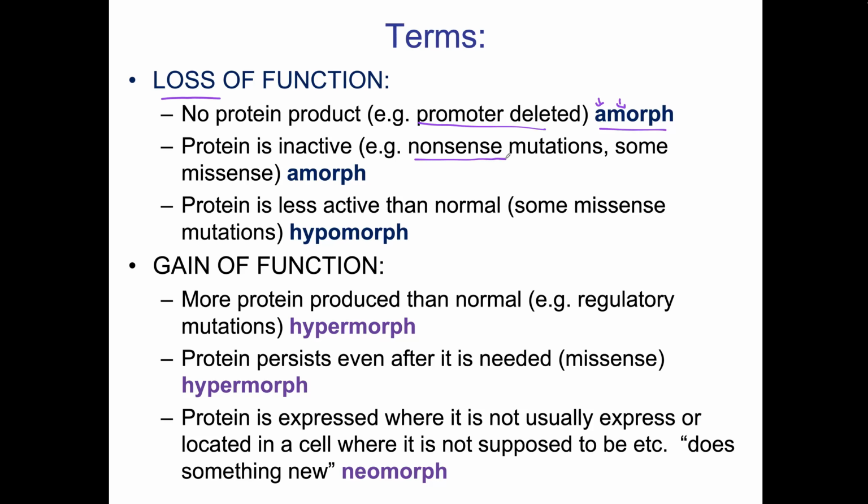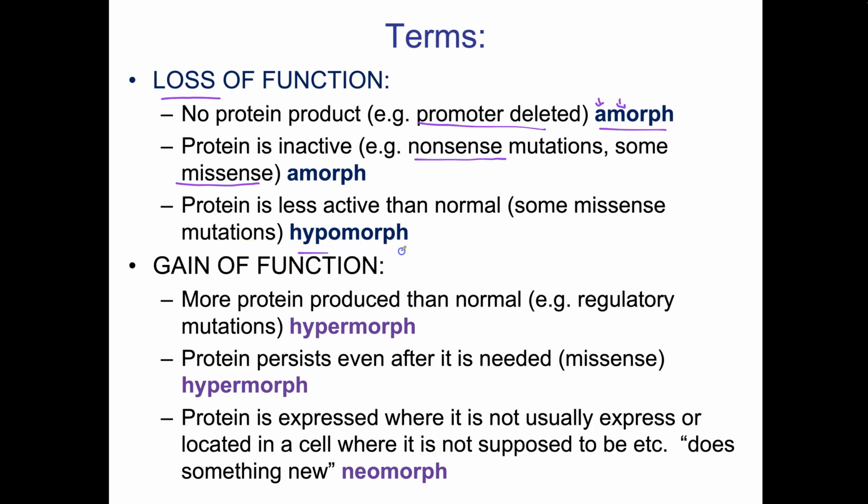If you have one key amino acid for the active site of an enzyme, the active site is the exact place where it binds to the substrate and actually performs whatever the catalytic reaction is. And if that amino acid is changed, then it's not able to bind the substrate and do its job. So those are examples of amorphs.